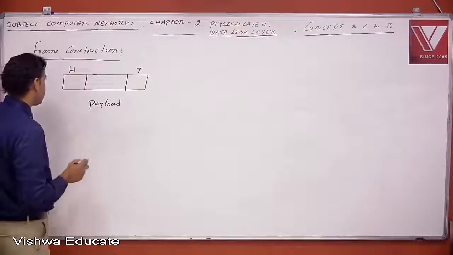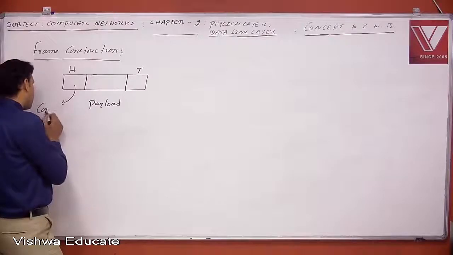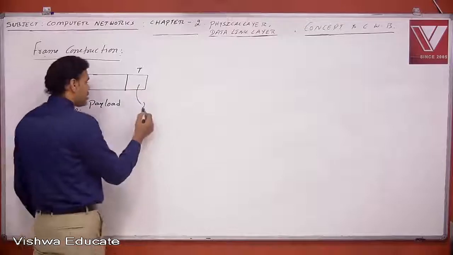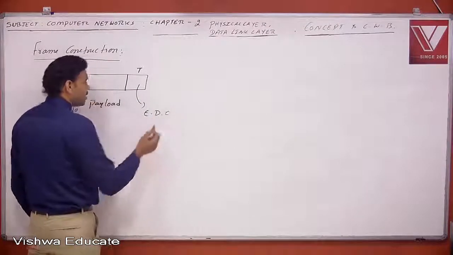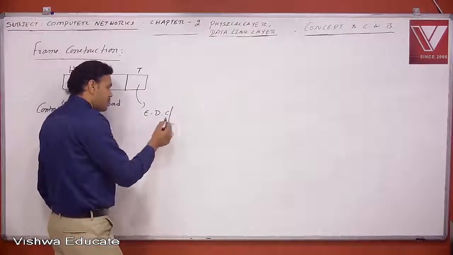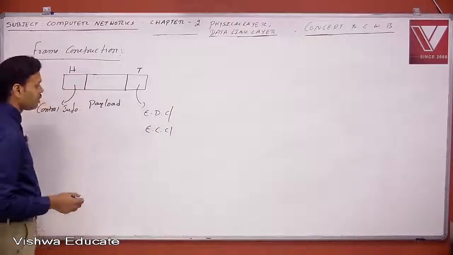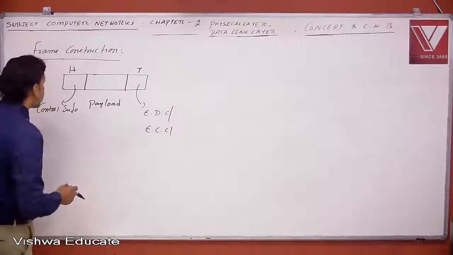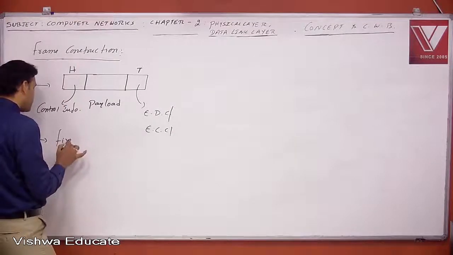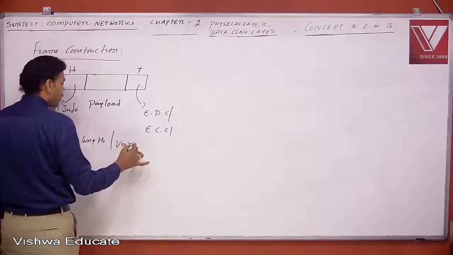The header consists of control information, and the trailer consists of EDC, error detection codes. Error detection codes or error correction codes, both are the same. So another point: there are two types of frames, fixed length and variable length.